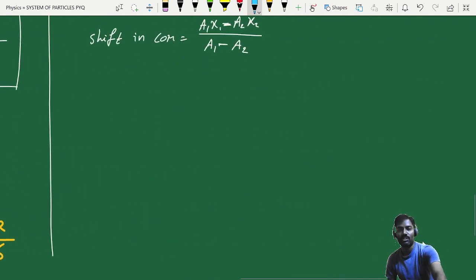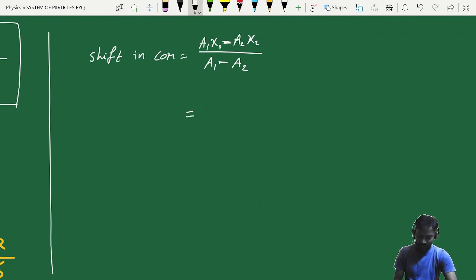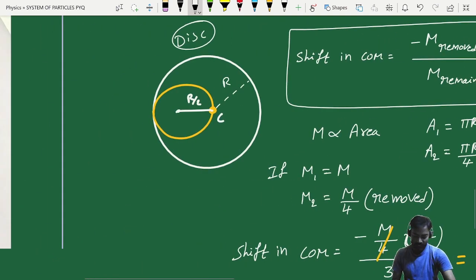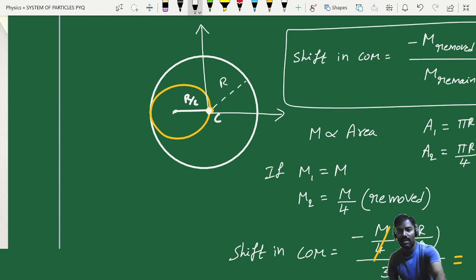Now you can approach it with the help of this formula as well. So what is the position of the center of mass of the original disk? That is at the origin only, no? 0. So when you take a coordinate system, this is at the origin, the center of mass of the original disk. Now the center of mass of this removed disk is r by 2.